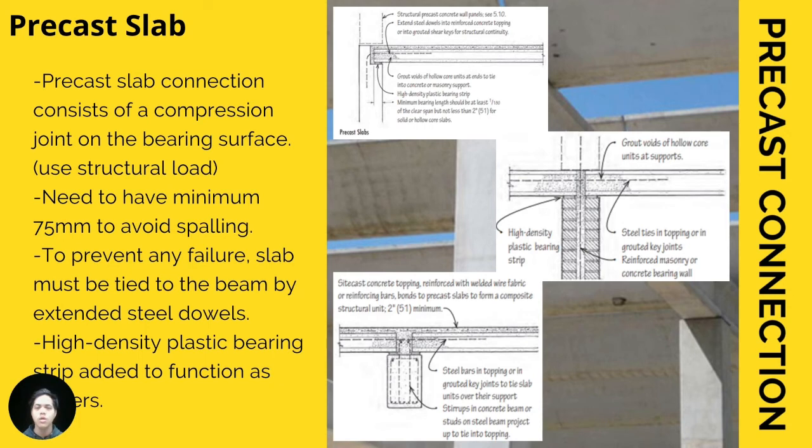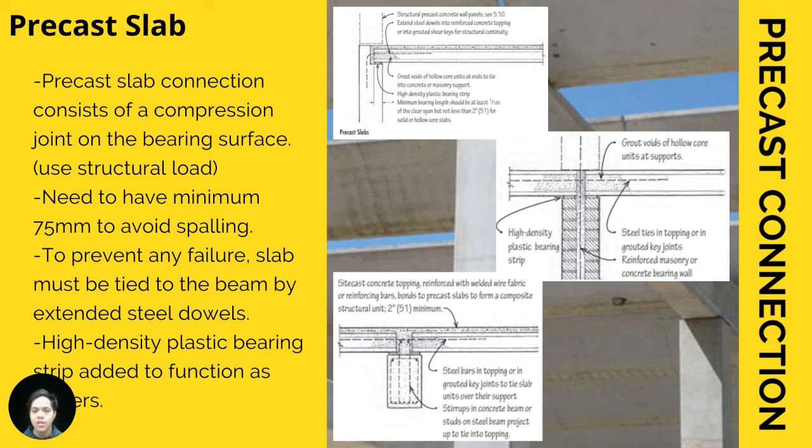Okay, so it uses structural load from the floor to make sure the floor slab stays put. It also needs a minimum of 75 millimeter where the floor slab is put on top of the beam, because without the minimum requirement, spalling will occur.